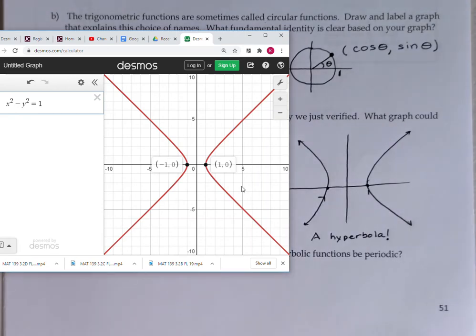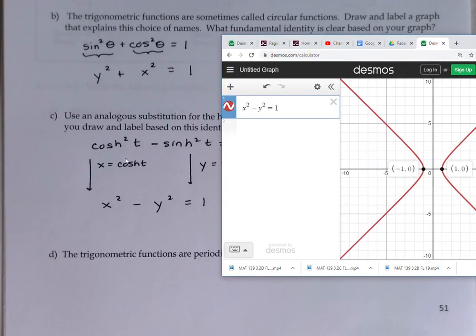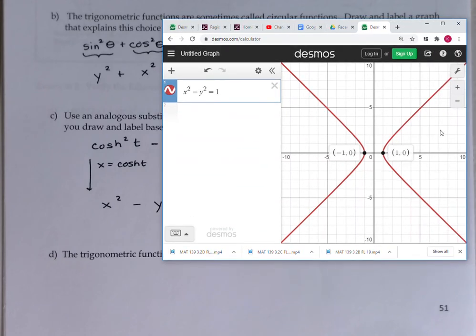And in fact, on this graph, at any particular point, what we have is for the x, that was what we defined as the hyperbolic cosine, right? X was hyperbolic cosine, so the x value is the hyperbolic cosine. Y was the hyperbolic sine. It's hiding here behind my graph, but y is hyperbolic sine.